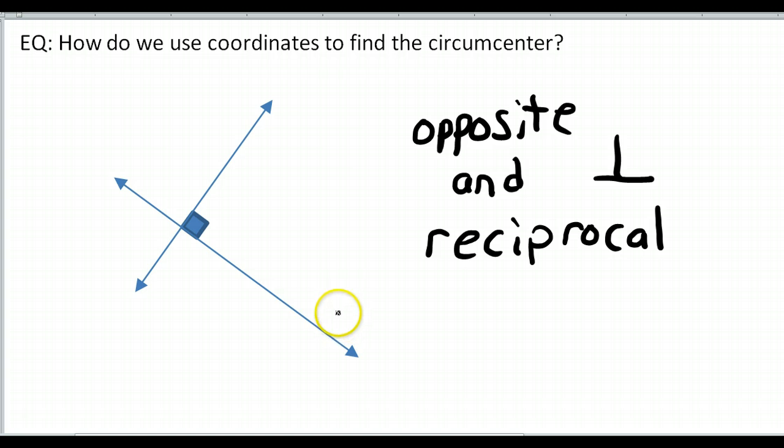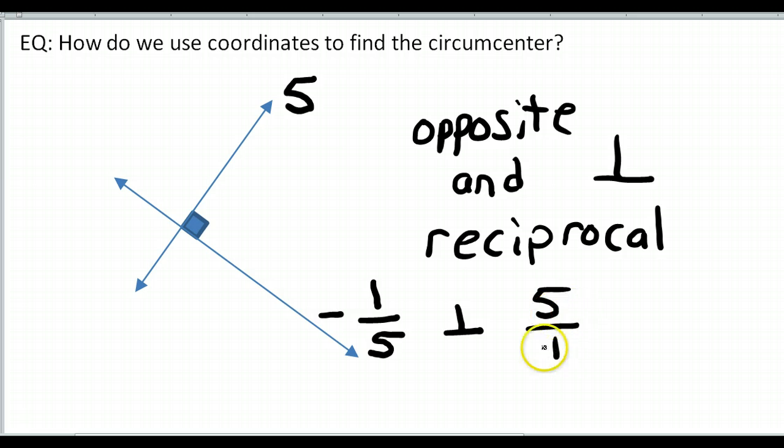What if the slope of this line was negative 1/5? What would be the slope of a perpendicular line? A perpendicular line would have a slope of positive 5. The reciprocal of 1/5 is 5 over 1, and of course we won't leave the 1, we'll just put 5, and then we have to do the opposite sign.